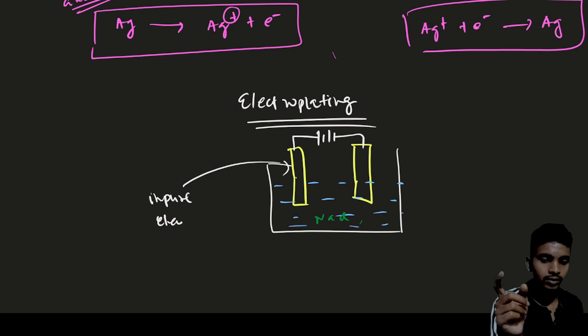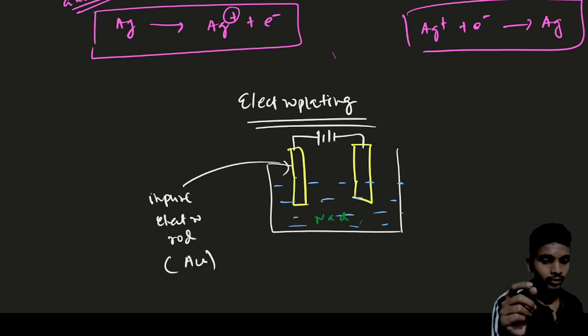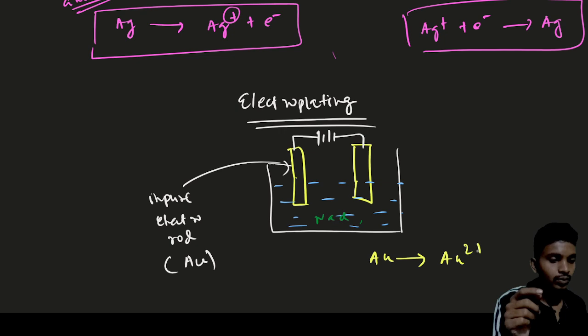Suppose you are taking impure gold. Current will flow, and this impure gold Au will lose electrons and form Au2 plus and 2 electrons.